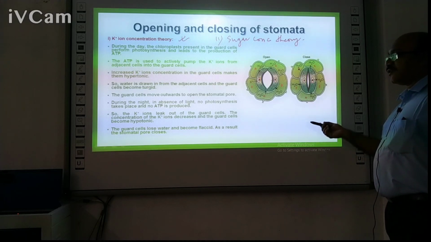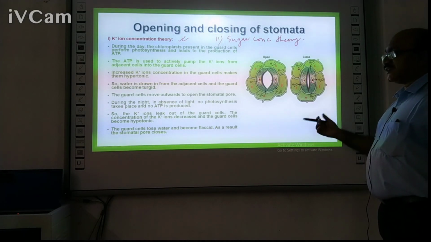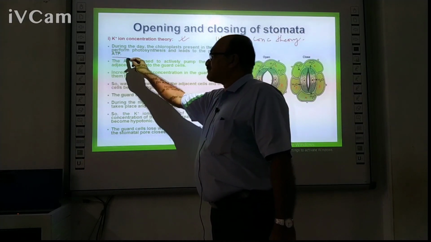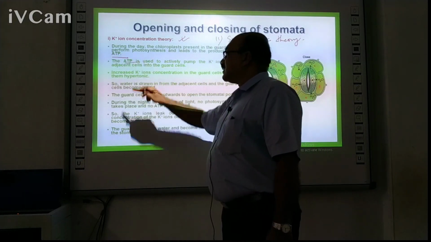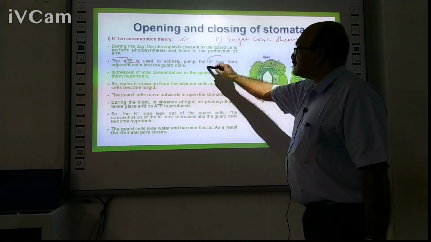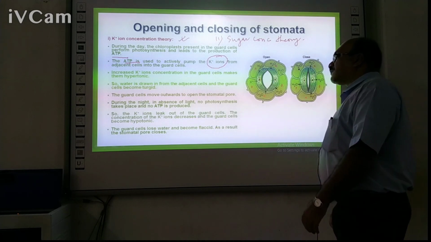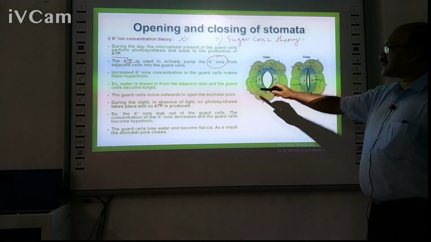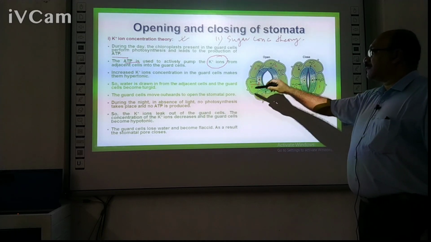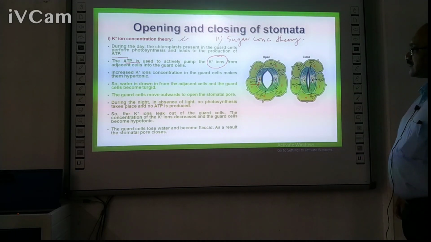They produce glucose, and the glucose is utilized to produce ATP. And this ATP is utilized to pump in potassium ions from the adjacent cells into the guard cells.